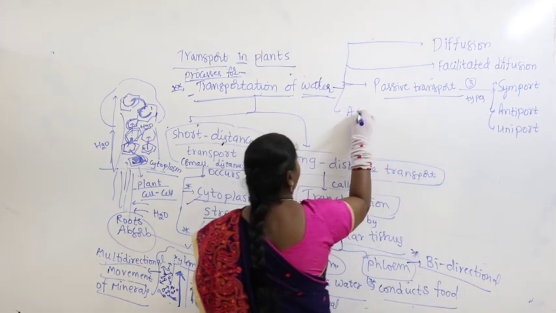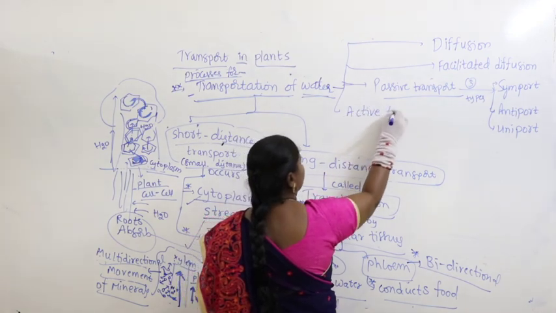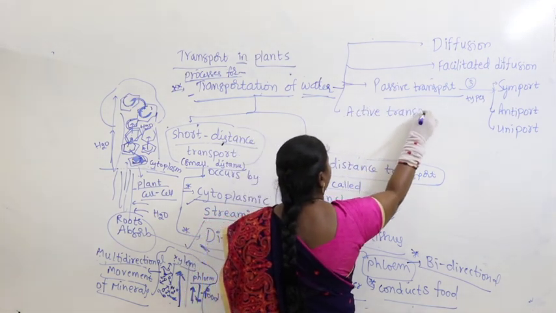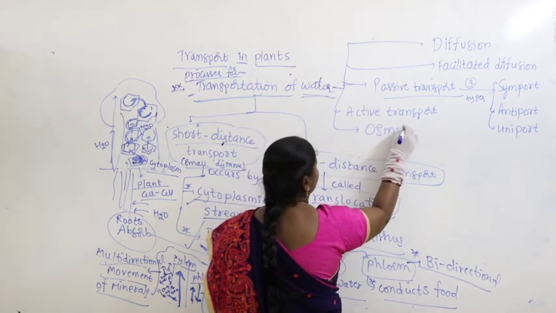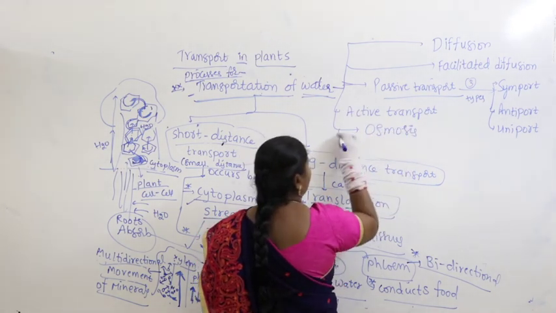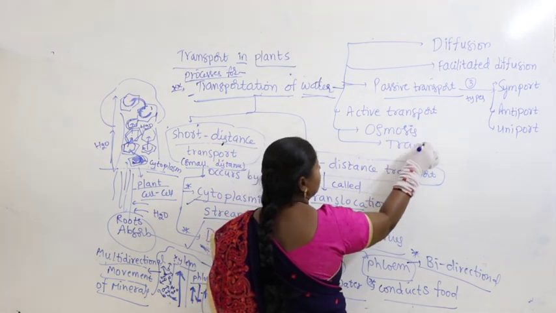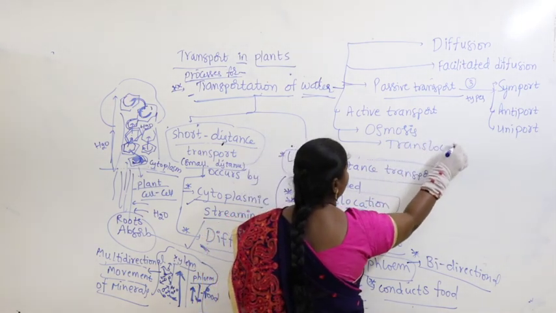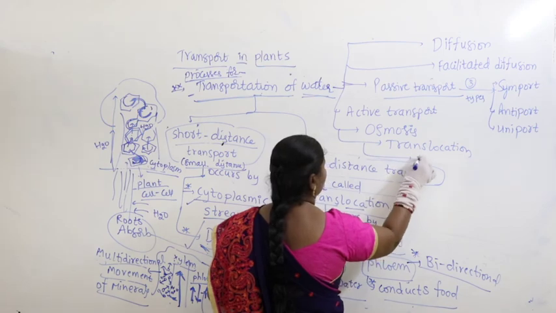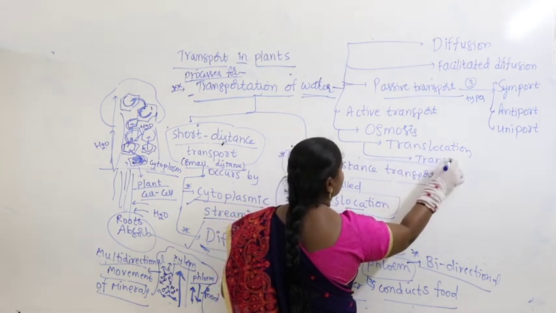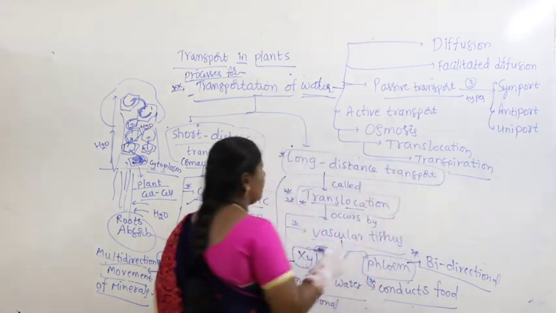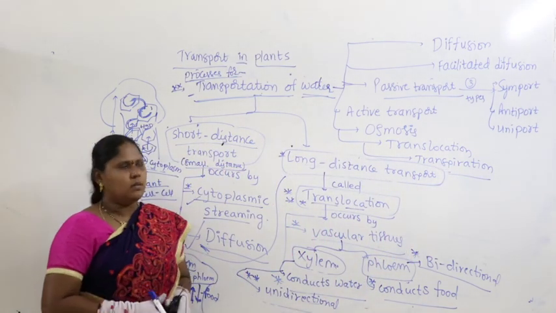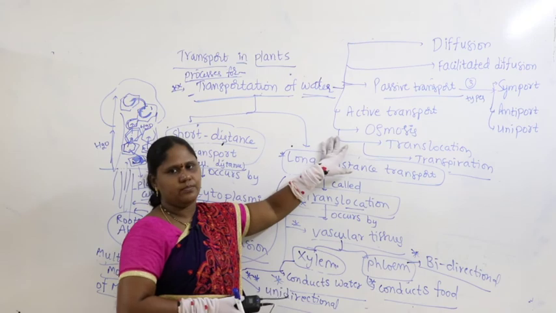Then we find active transport. Then we can study osmosis, and once again we are going to discuss what is translocation. Then we are going to study the phenomenon called transpiration. That is the overall part of the lesson.